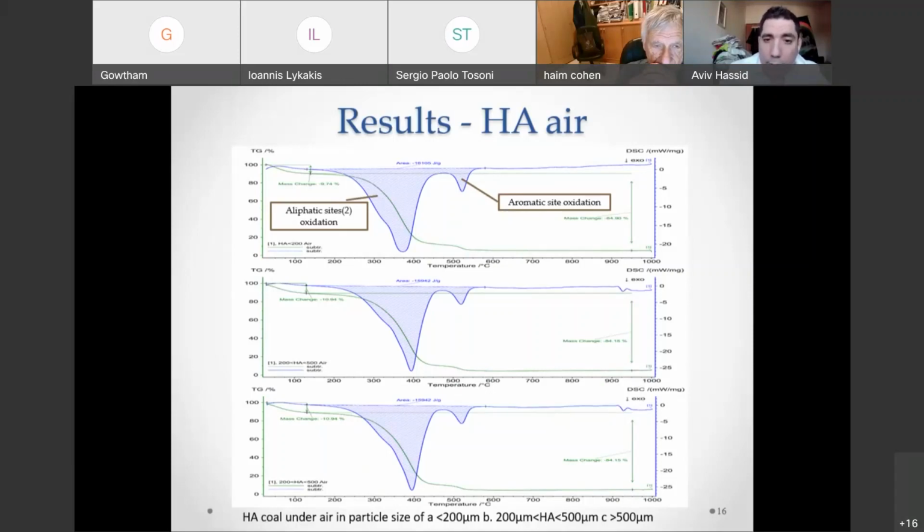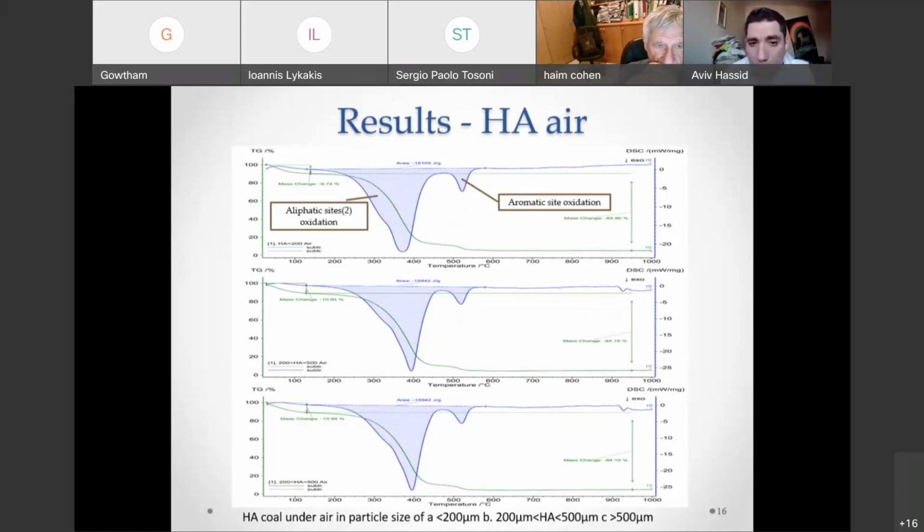Furthermore, because the TGA is a less precise, less sensitive device than the DSC, previously we haven't seen the difference between the aliphatic and aromatic content.